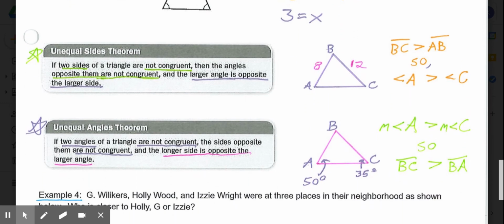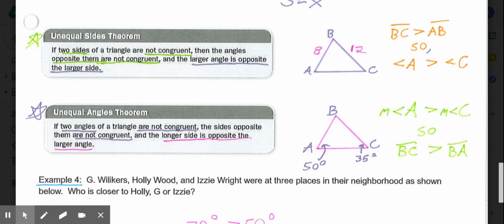And then we get into our last couple theorems, the unequal sides theorem and the unequal angles theorem. The unequal sides theorem says if two sides of a triangle are not congruent, then the angles opposite them are obviously not congruent. And the larger angle is always opposite the larger side.